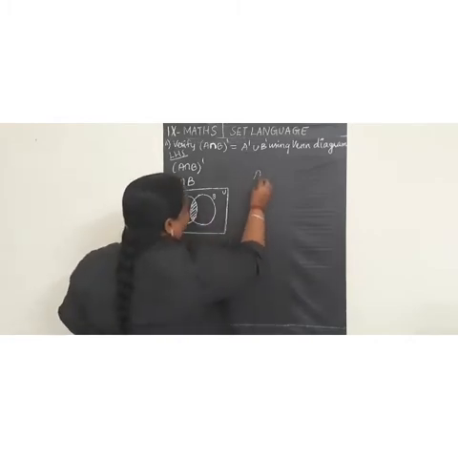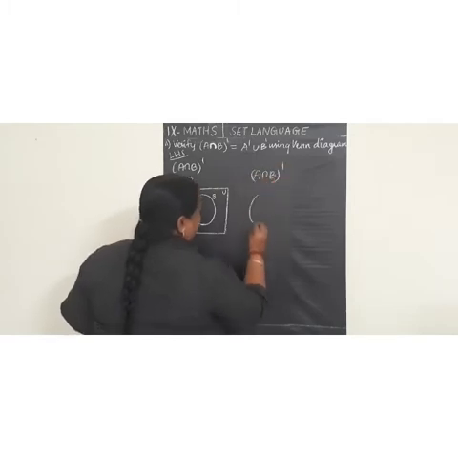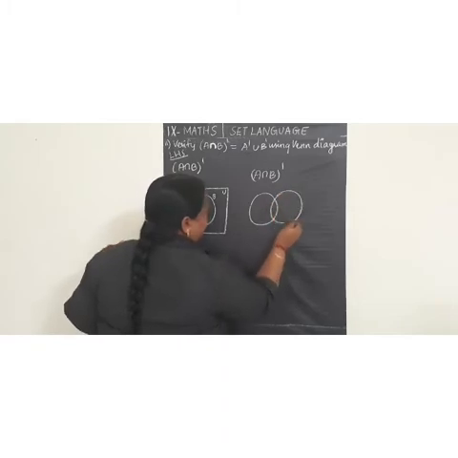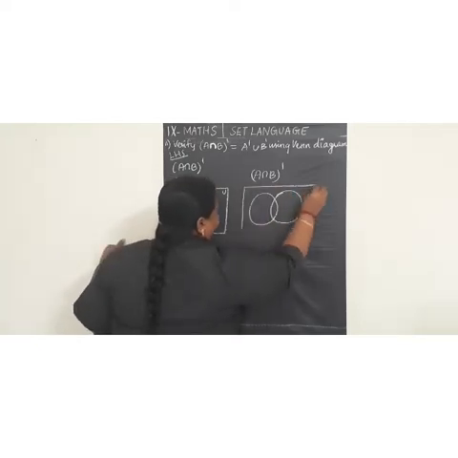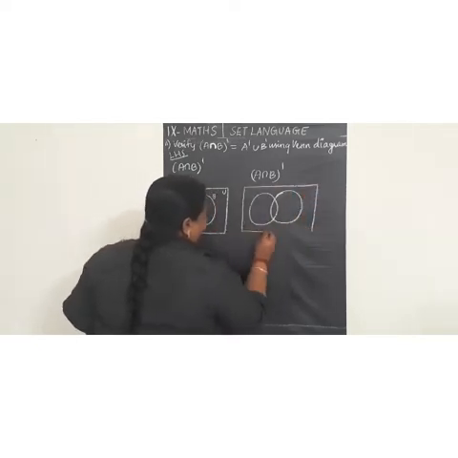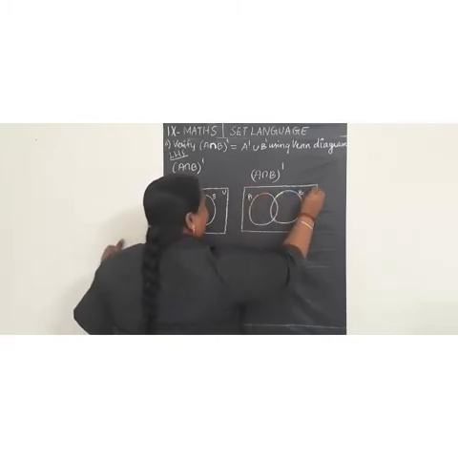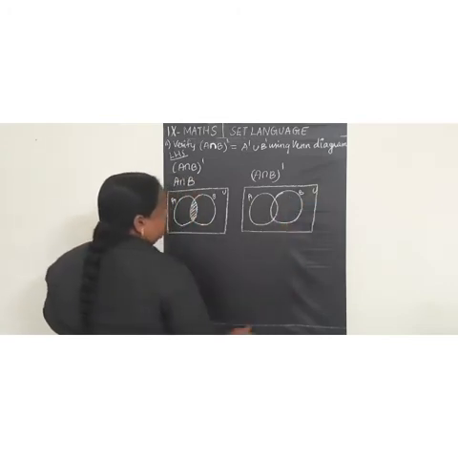Next we have to find A intersection B the whole dash. This is set A, set B and the universal set.